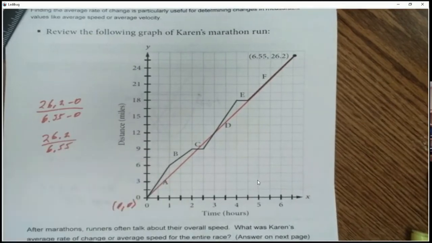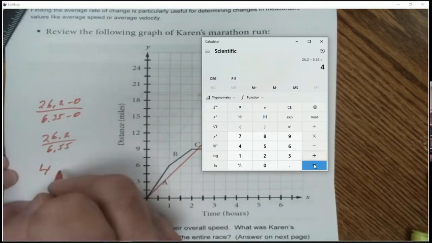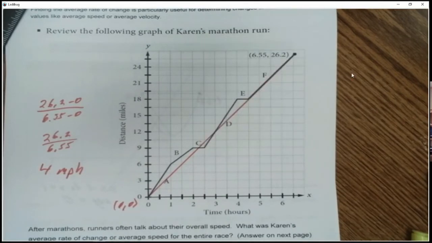So for our average speed, I'll put up a calculator so you can see this. 26.2 divided by 6.55 is 4. She averaged 4 miles per hour exactly on the nose. So that was her average speed.